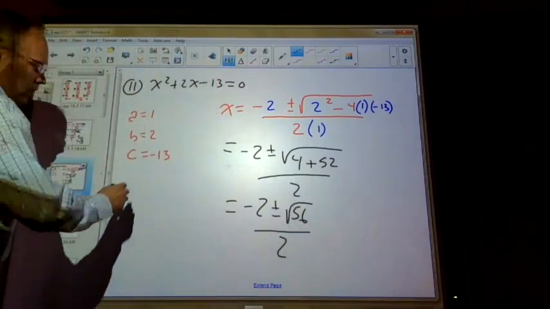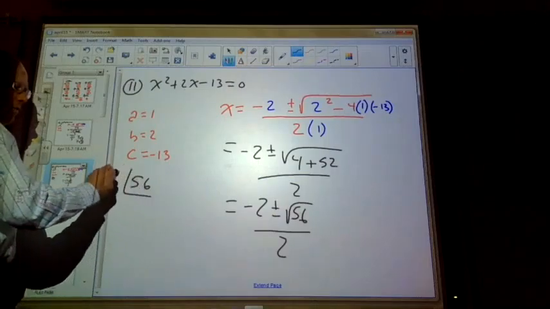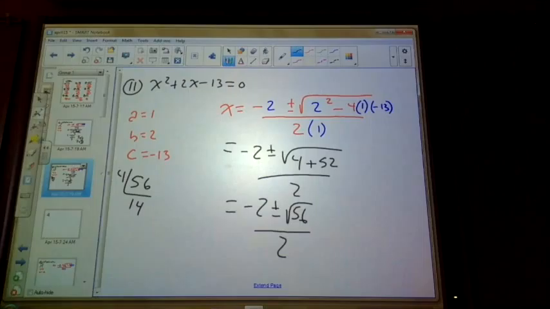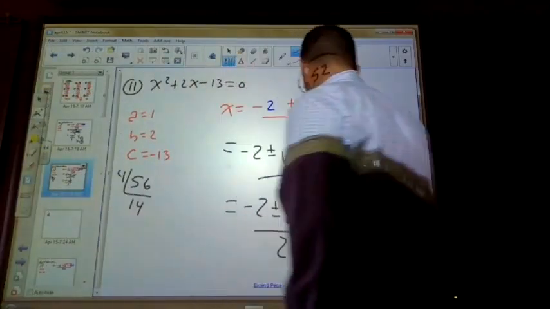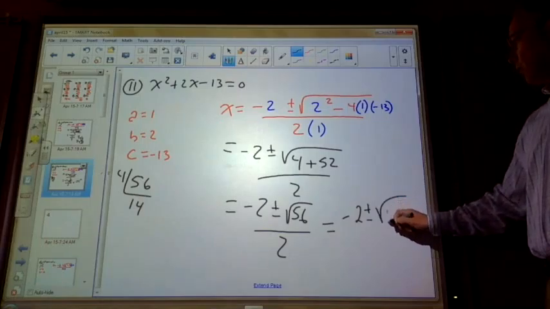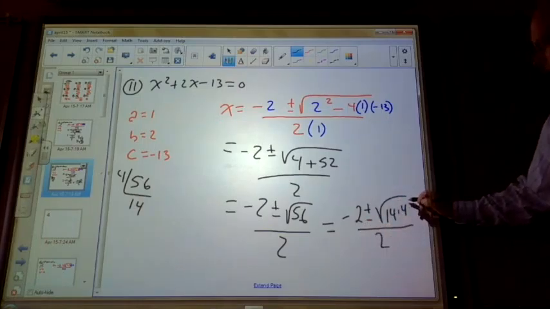Check to see if 56 will break down into perfect squares. So I know that 4 goes into 56 14 times, 4 and 14. So this is going to reduce to negative 2 plus or minus square root 14 times 4 all over 2.